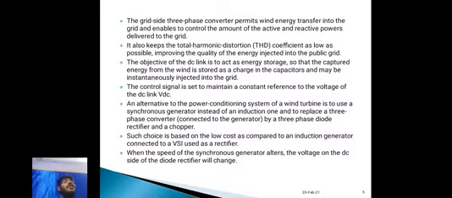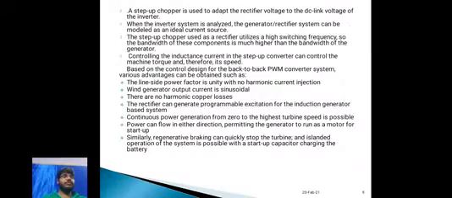When the speed of the synchronous generator changes, the voltage on the DC side of the diode rectifier will change. A step-up chopper is used to adapt the rectified voltage to the DC link voltage of the inverter, an ideal current source. The chopper utilizes a high switching frequency, and the bandwidth of these components is much greater than the bandwidth of the generator.